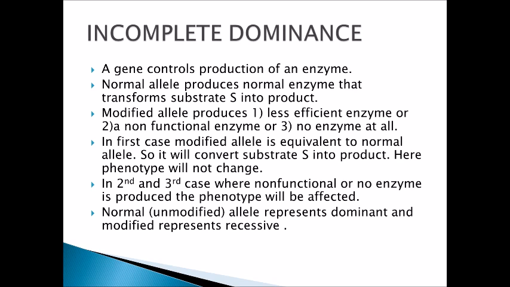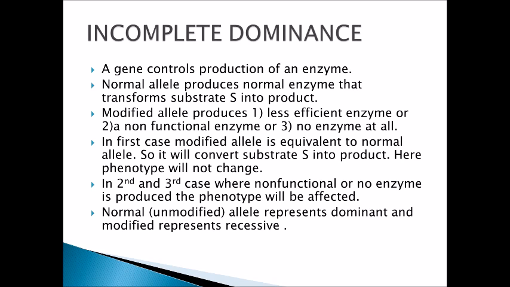If we consider these three cases, in the first case, though the allele is modified, it produces a less efficient enzyme. So the product will be formed but not in much amount.